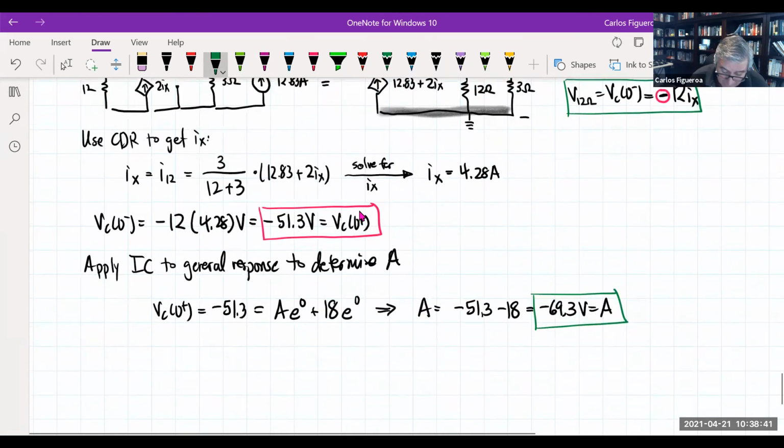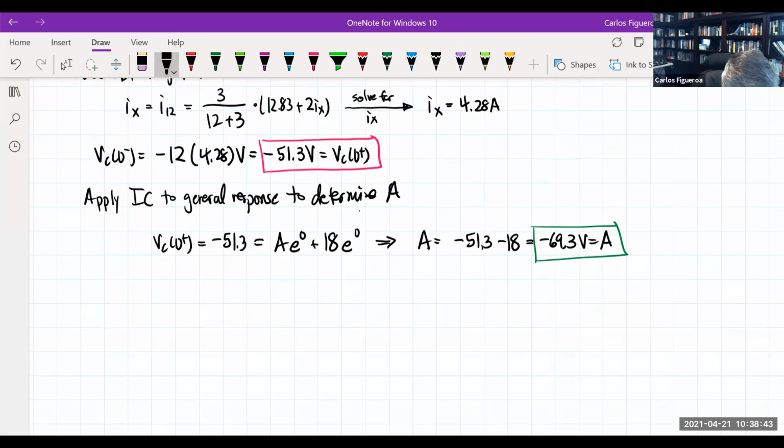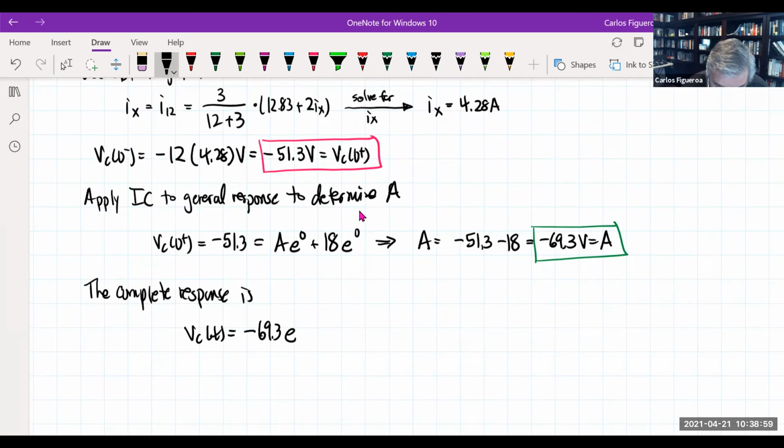So here we go. What we're going to do here is that the complete response is then VC of t. I'm going to get minus 69.3 e to the, what is that? Minus 5t, I believe.